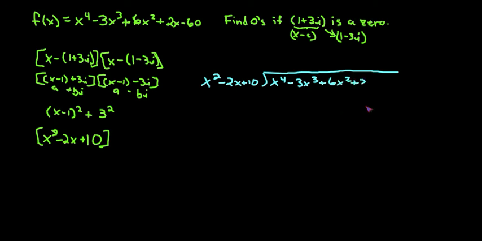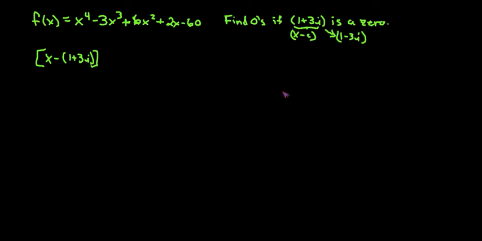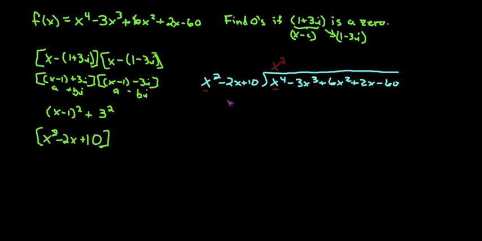So let's see if we can remember what we were doing when we did long division. It's been a few different videos back, but it's here. So on this one, we look at our first term, x fourth divided by x squared is x squared. Do distributive. This time we're just going to have to distribute 3 times. So we're going to get x to the fourth minus 2x to the third plus 10x squared.